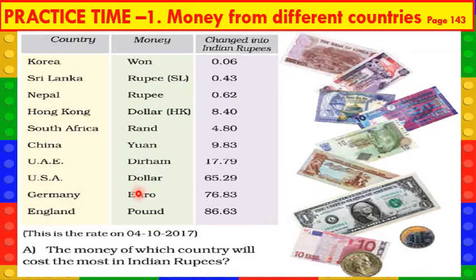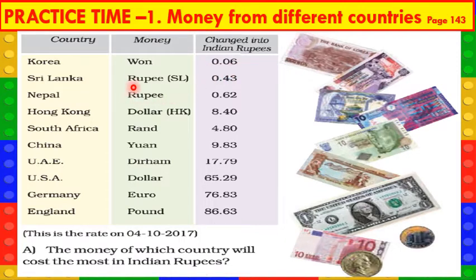A chart of Shivam Bank is shown here. Shivam Bank has a chart of how many Indian rupees we can get when we change the money of different countries. For example, Korea's 1 won means 0.06 Indian rupees.